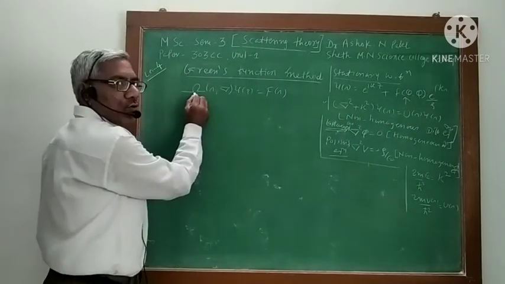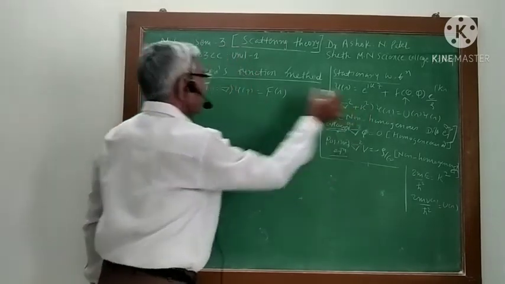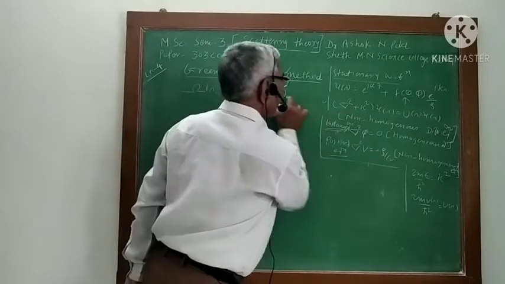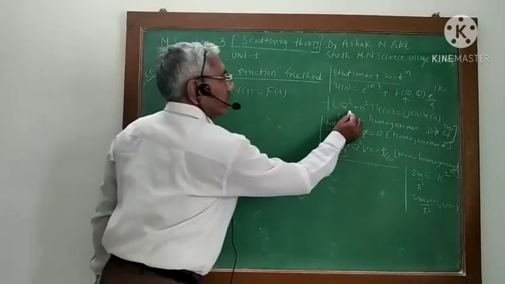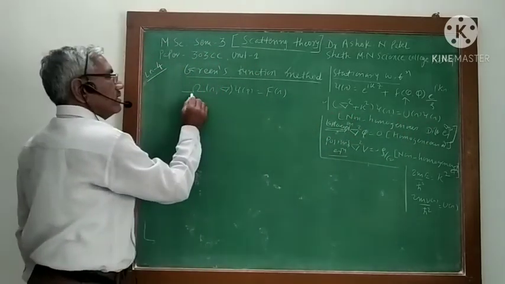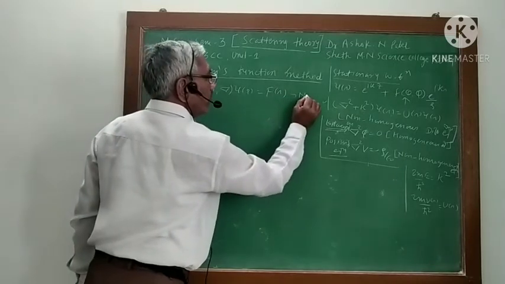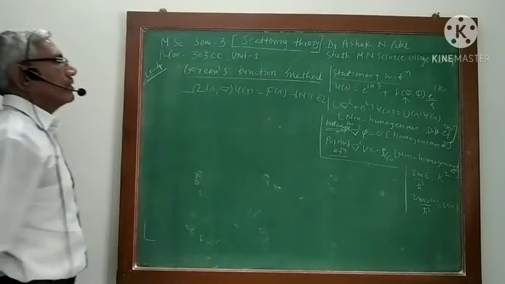This is the differential operator. This is U(r), and instead of F(r), there is U(r). So this is my non-homogeneous equation.